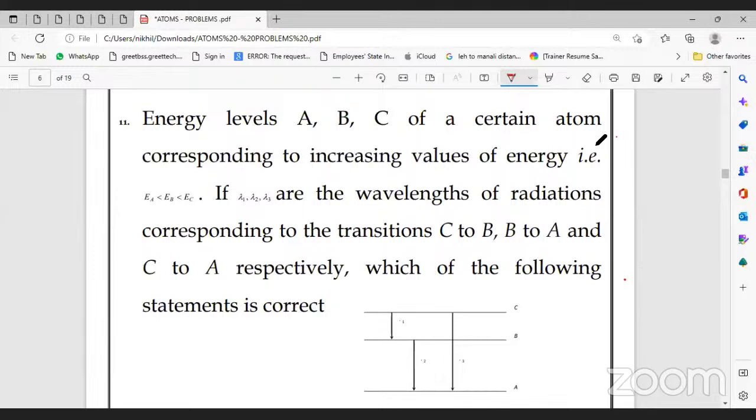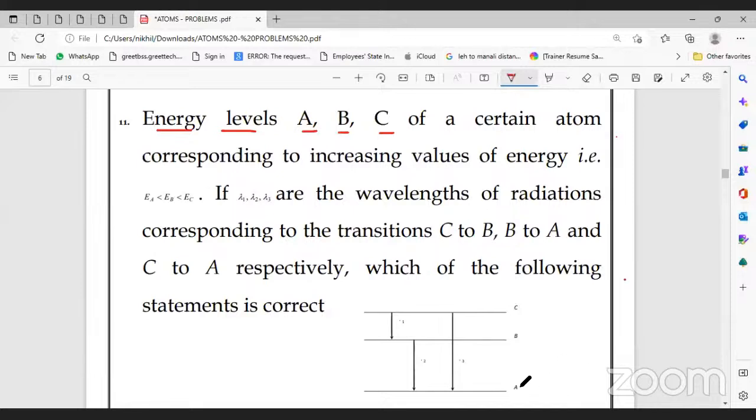Hello, good evening, students. Let me continue the problems on the atoms chapter today. Look at this problem. Energy levels A, B, C of a certain atom correspond to increasing values of energy, that is EA, EB, and EC.